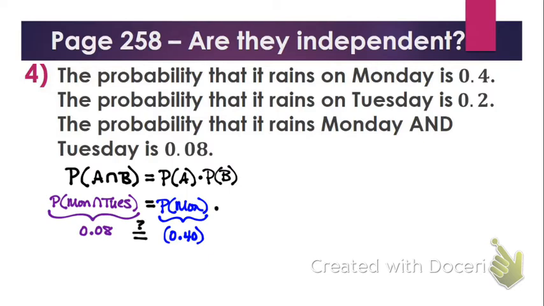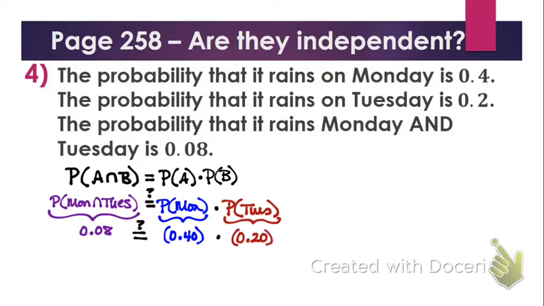What's the probability that it rains on Tuesday? 0.2, 0.20, 20%.